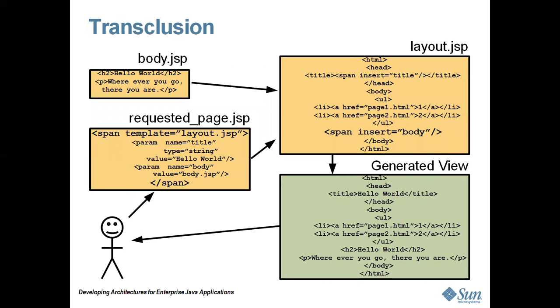And another thing is transclusion, which is the other aspect, a programmatic way to control it. Here everything is very simple. For example, the body JSP just includes two elements, H2 and P, with two content statements. Another is the request page, which is the one you want to access; it includes the template. The layout then includes its own tiles, for example span insert title, and another span insert body.